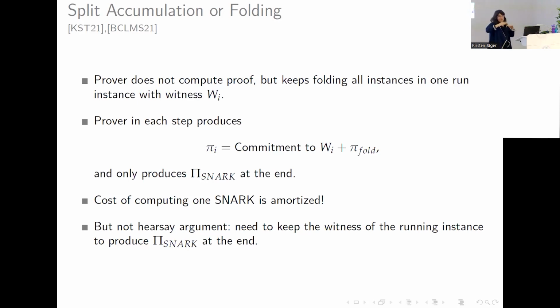So I'm delaying the proof, and all I'm proving at each step is that I'm folding the instance correctly. I'm not proving, I'm just collapsing instances one on top of the other. The goal is to amortize the cost of the proof. You only do one last SNARK proof at the end, and in the meantime, you just keep accumulating. So these are the three approaches.